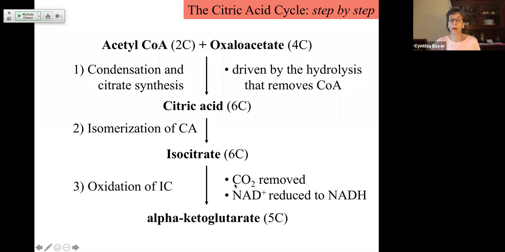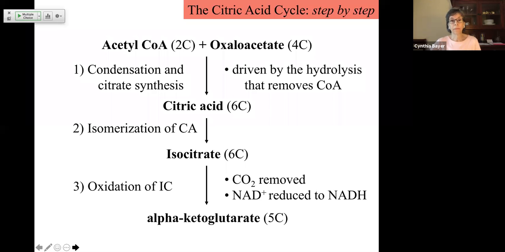So the fully oxidized carbon is released as carbon dioxide, and the oxidation step produced NADH. The electrons extracted in the oxidation, removed from carbon, have now been handed over to NADH. So this is the first of 4 oxidation steps in this process. Notice our isocitrate, because it's lost a carbon, has been converted to alpha-ketoglutarate, which is a 5-carbon molecule.